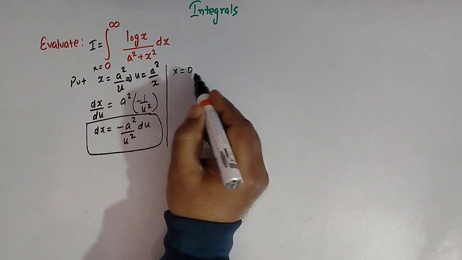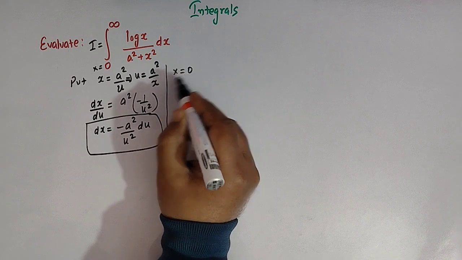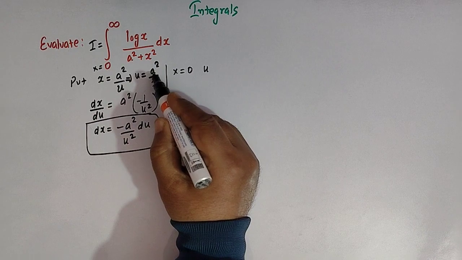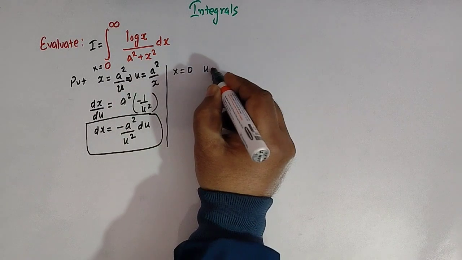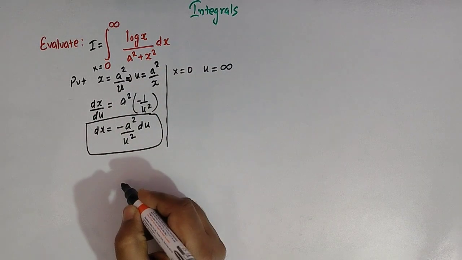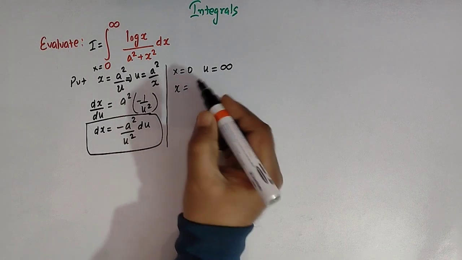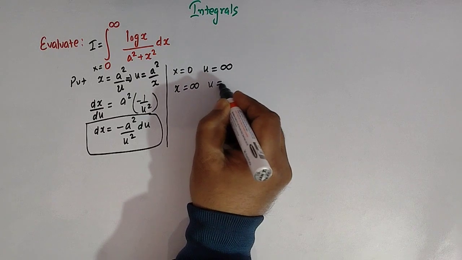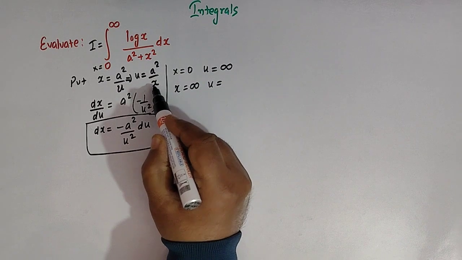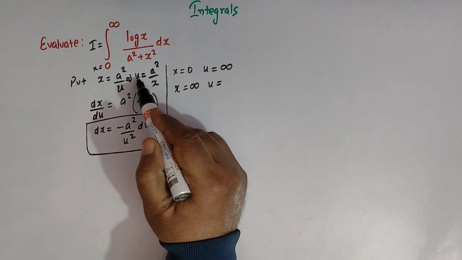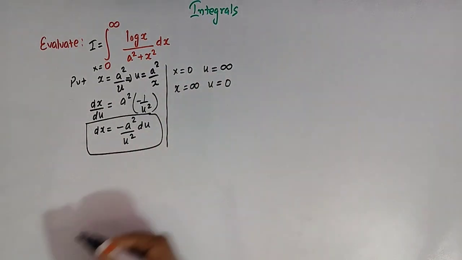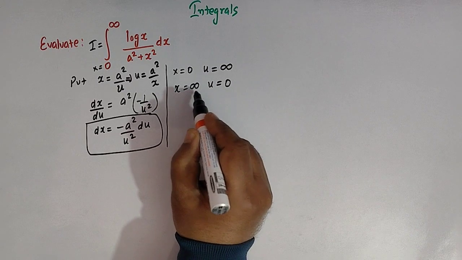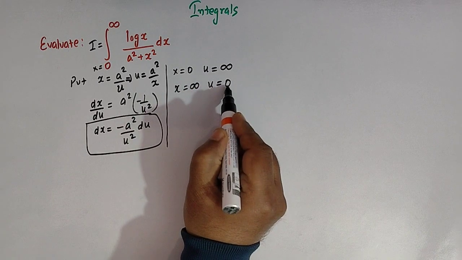So when x approaches 0, obviously u approaches infinity. And when x tends to infinity, then u approaches 0. So now our new limits of integration are from infinity to 0.